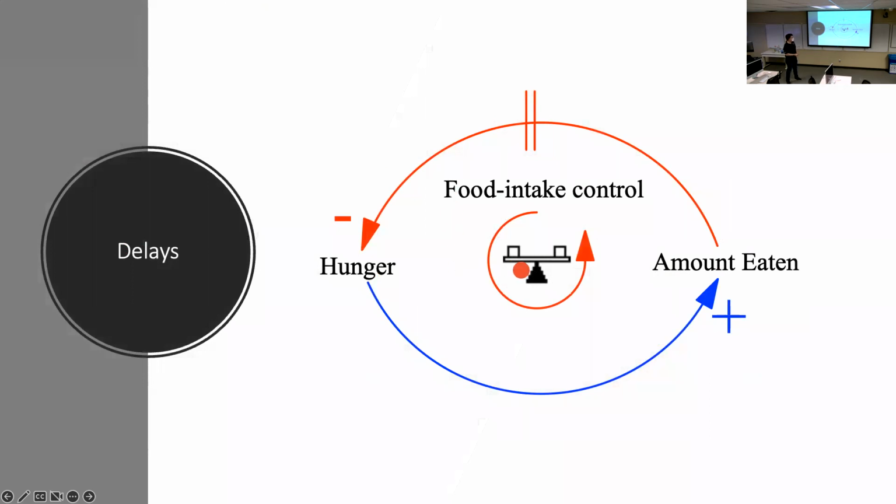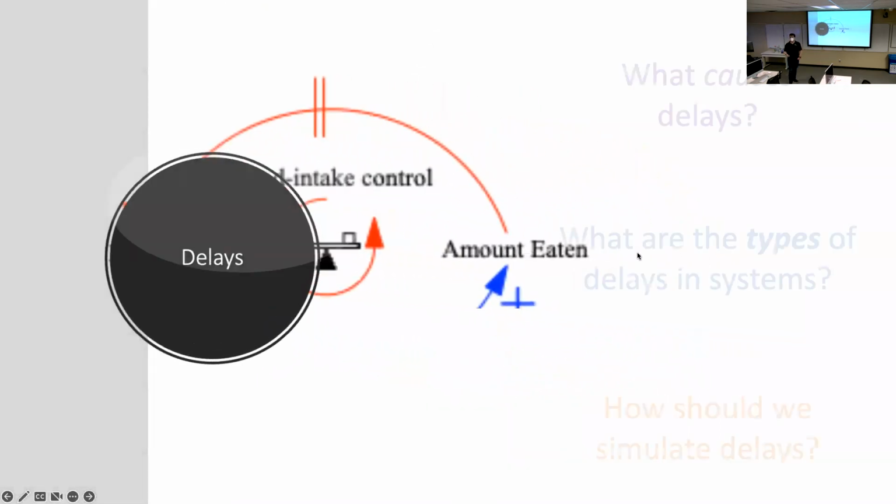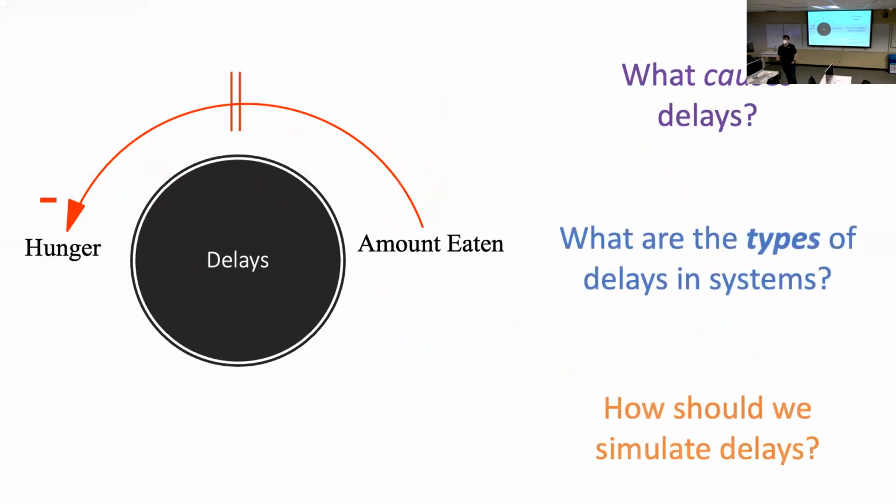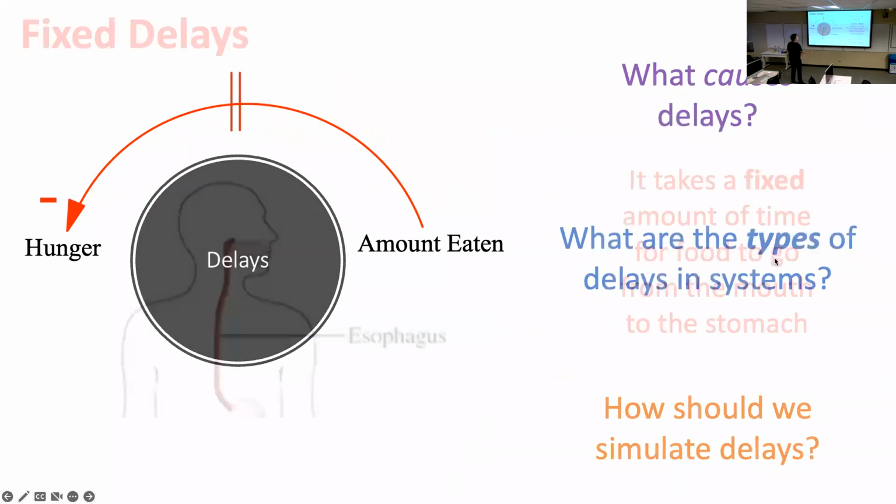So we've got this simple CLD here: if I am hungry, I might eat because I'm hungry, but my hunger will not be reduced until later, after that food is processed. So for a system like this, what are the causes of those delays, and how do we model those inside Insight Maker or Vensim? The important thing we want to start with is, what are the types of delays here?